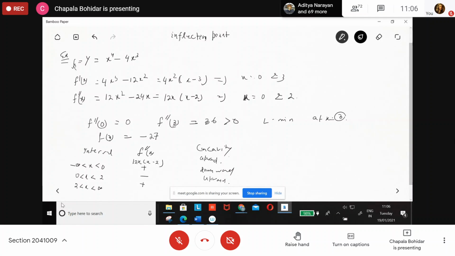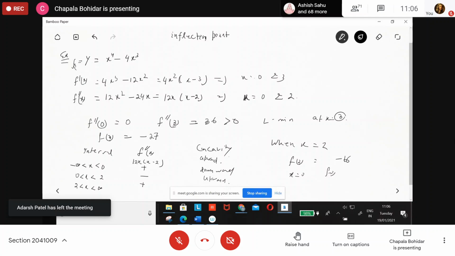So at 0, what are you getting? f of 0 is 0. But at 2, tell me the value. x is equal to 2, f of 2 is minus 16. Yes. When x is equal to 0, f of 0 is equal to 0.